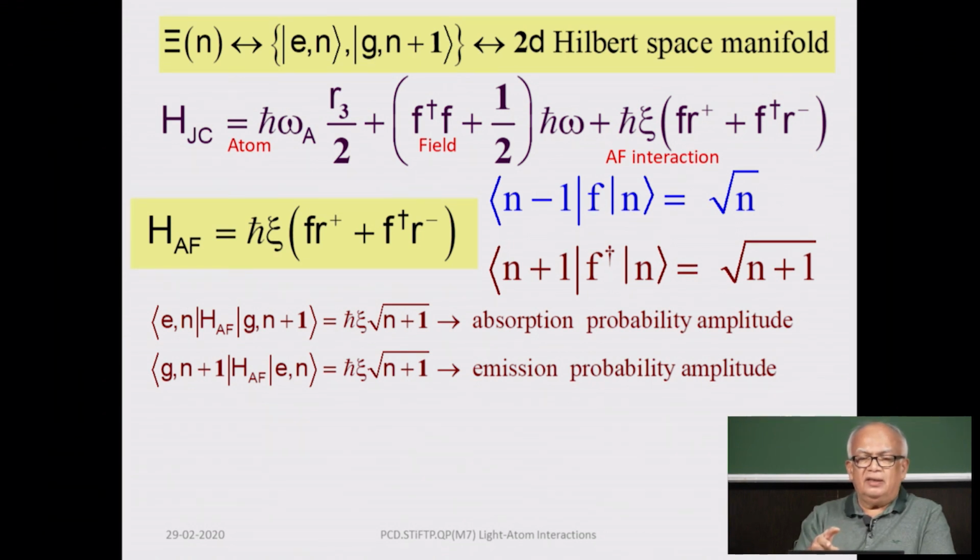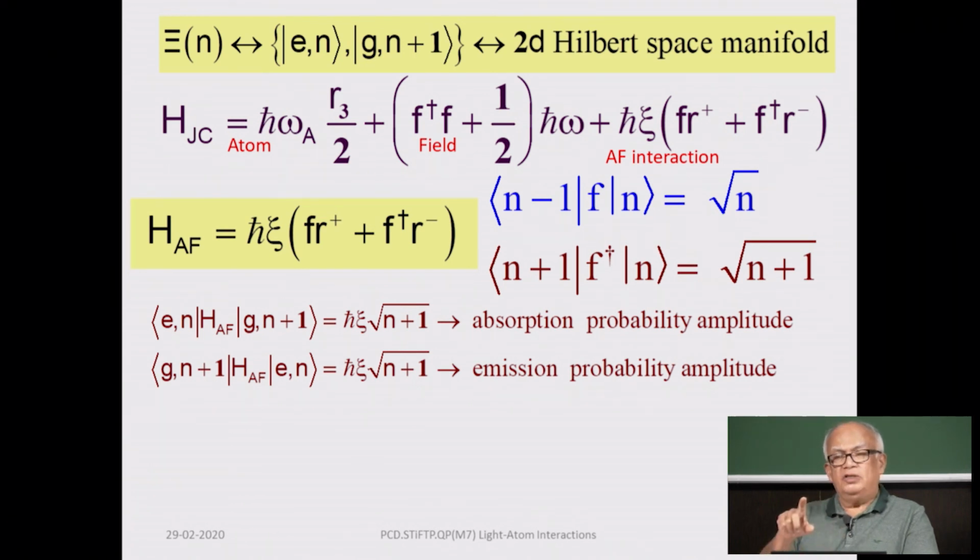And because you know that you have got the square root n and square root n plus 1 factors, you can immediately find the absorption probability amplitude and the emission probability amplitude, and it comes as no surprise that they are exactly equal to h cross xi square root of n plus 1. But remember that this depends on n.